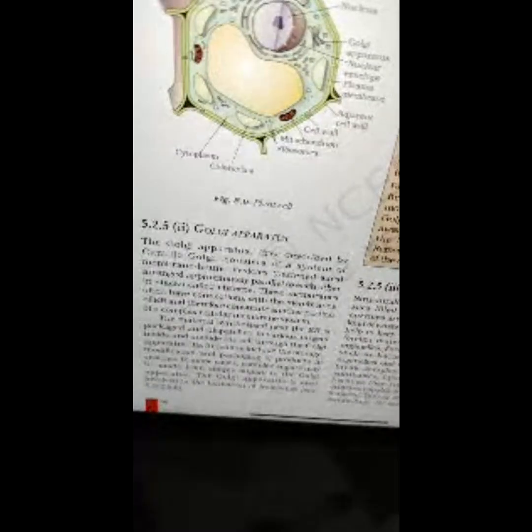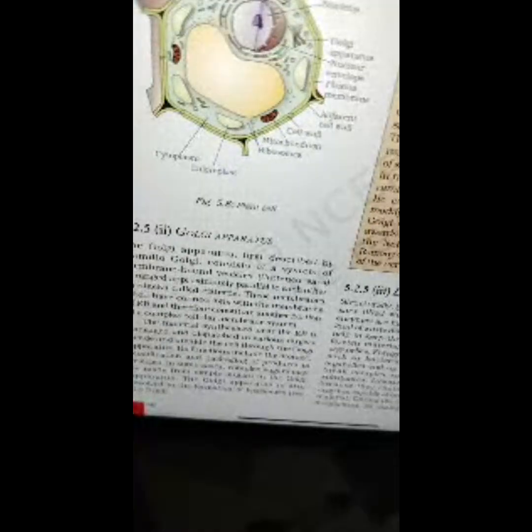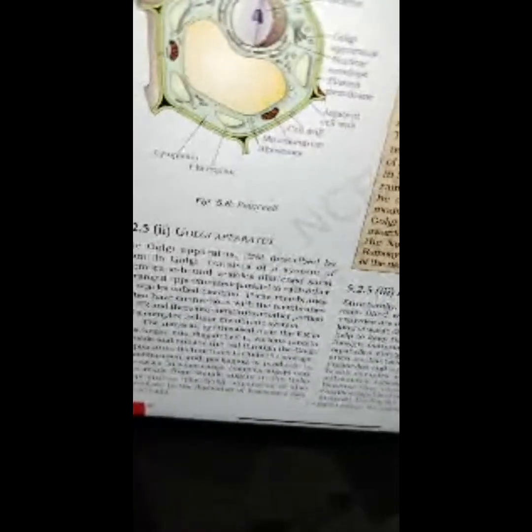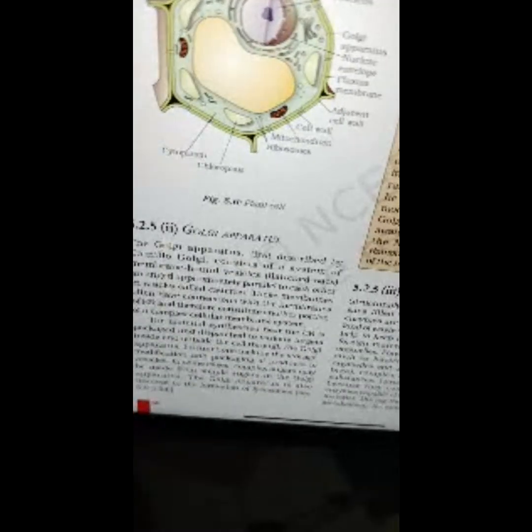The material synthesized near the ER is packed and dispatched to various targets inside and outside the cell through the Golgi apparatus. Its functions include the storage, modification, and packaging of products in vesicles.